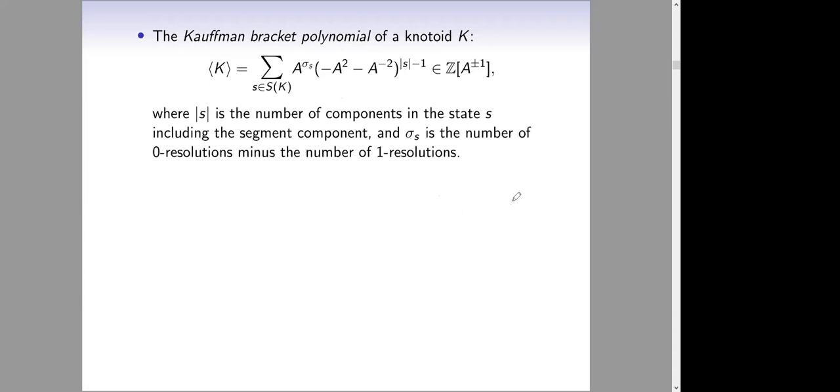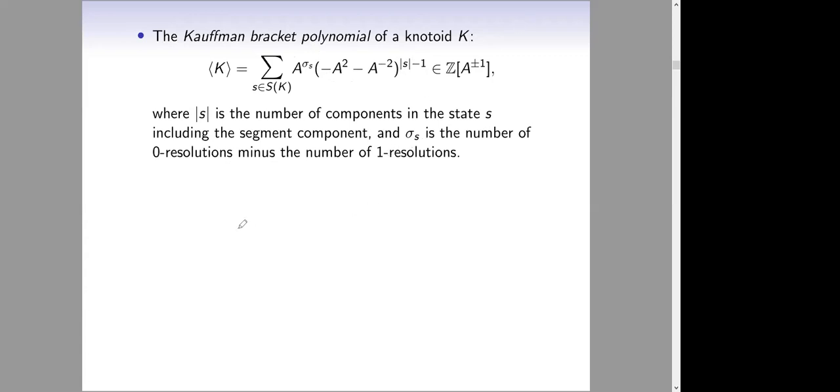In a knot, if you have a knot diagram and you do a full resolution, all you get is a bunch of circles. In this case, there will be one extra segment component. Including this segment component, you write the total number of components in this way, and then for each complete resolution you assign this term and multiply by a to the power of sigma s, which is the number of 0 resolutions minus the number of 1 resolutions.